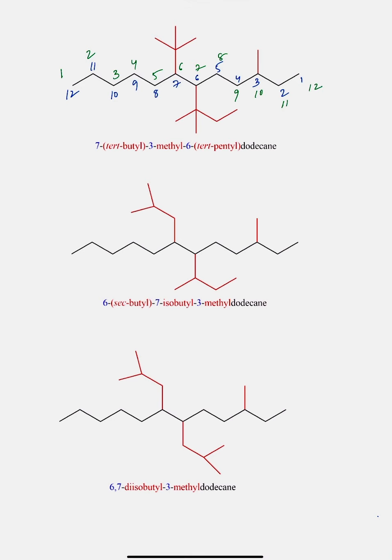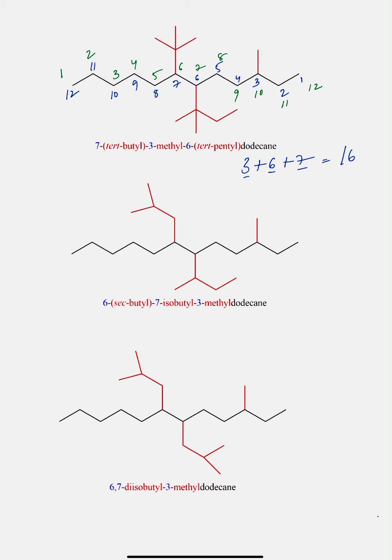Now if I consider the blue numbering, what is the sum of the locants? It's 3 plus 6 plus 7, which is 3 plus 6 is 9, 9 plus 7 is 16. So according to the blue numbering, the sum is 16.